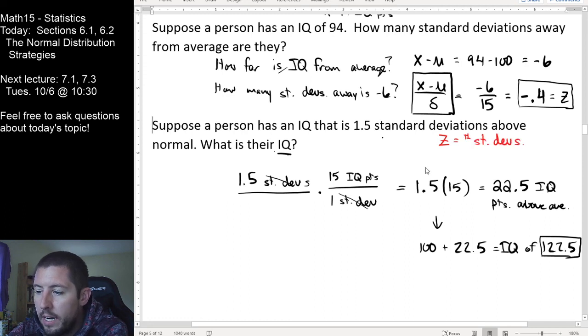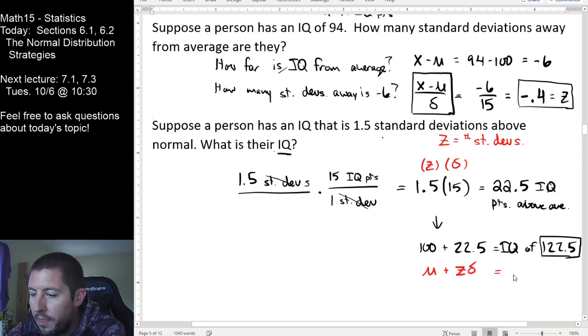So it looks like what we did here is we multiplied z times sigma. That was just going to give us how far we were from average, so we needed to add that to the average. So what we used for our formula is mu plus z times sigma equals, and what this gave us then was our answer in the context of the problem.